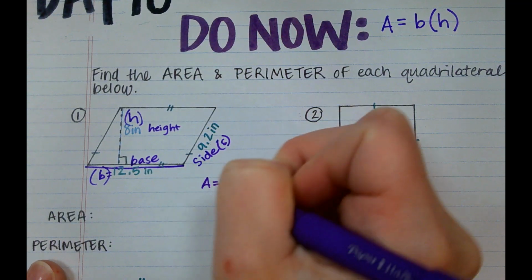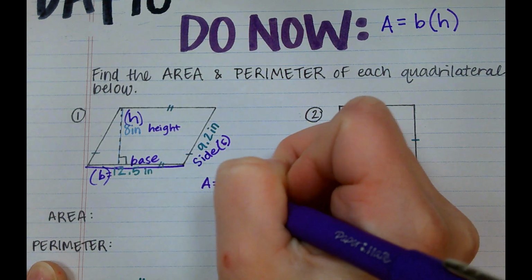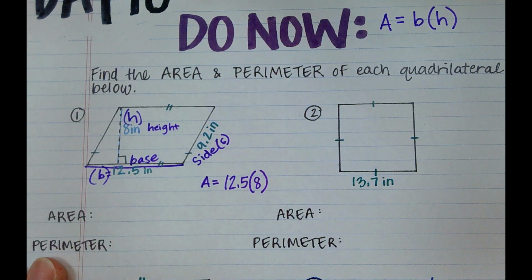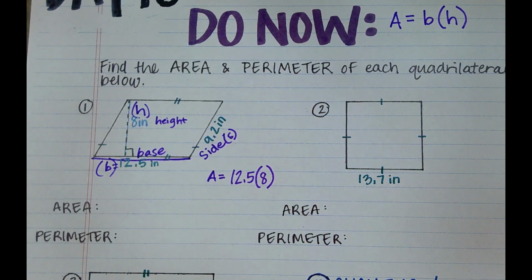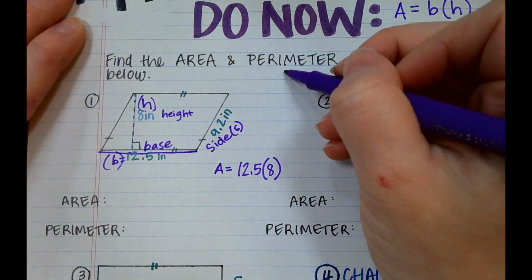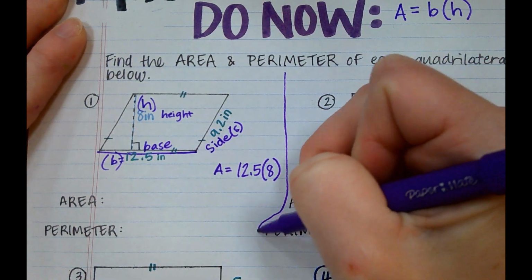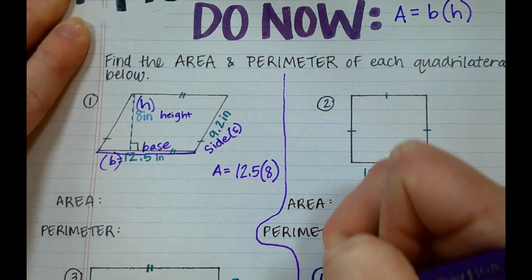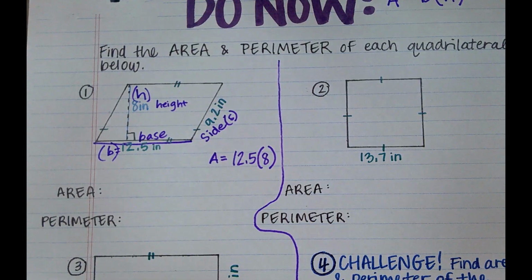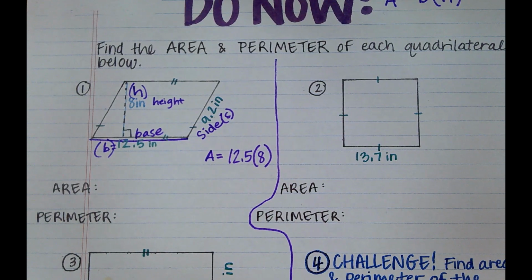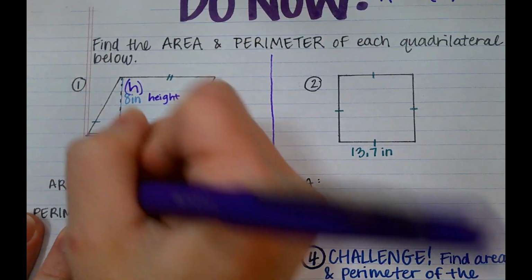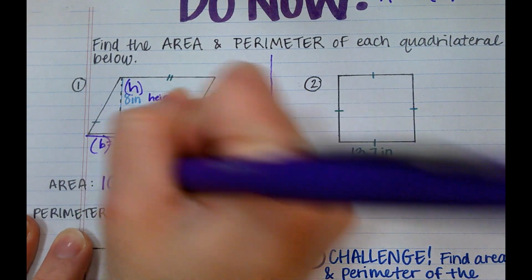A equals B is 12.5 times H is 8. 12.5 times 8. 100. Exactly. Wow. Okay, so our area is going to be 100.